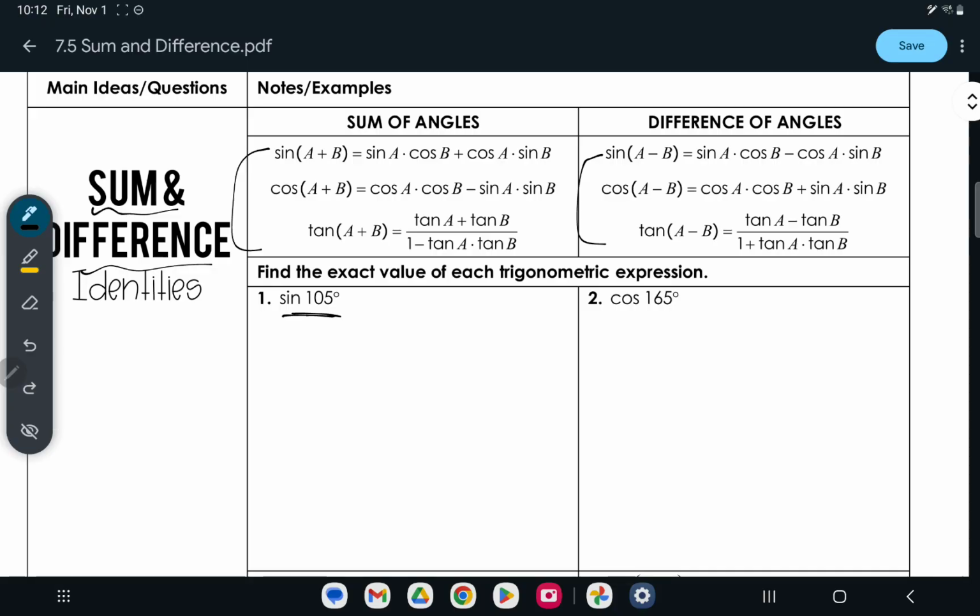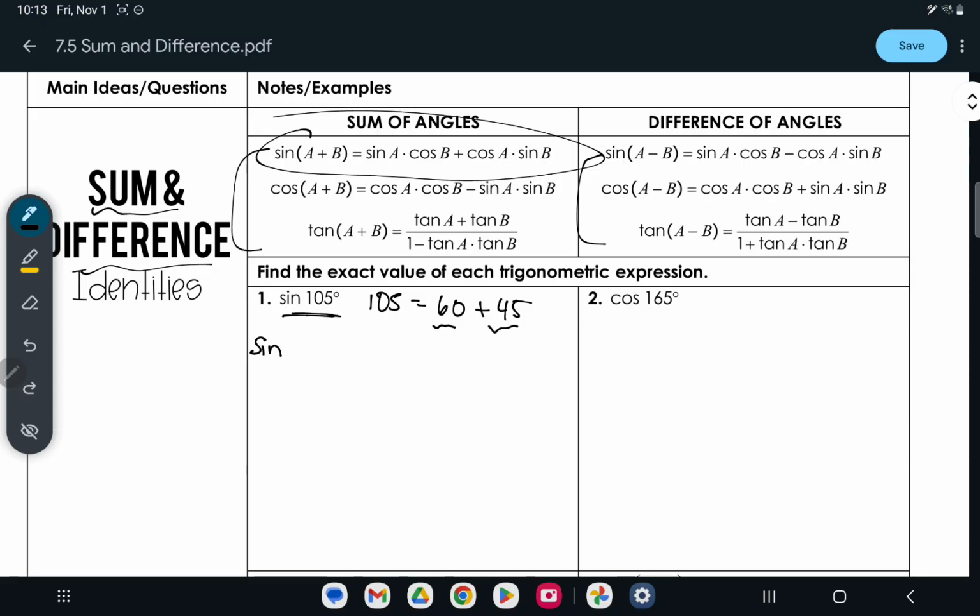So what we can do, 105 is obviously not a number on the unit circle. So what we can do is break it into ones that are. So instead of 105, I could say that that's 60 plus 45. That'll give me 105, and 60 and 45 are on the unit circle where I can get the exact values. So, because I'm adding the two, I could use this formula.